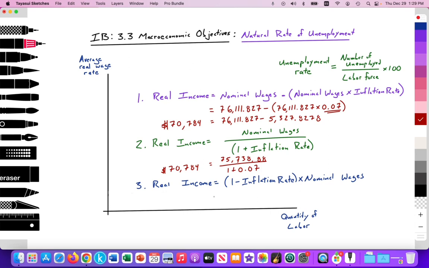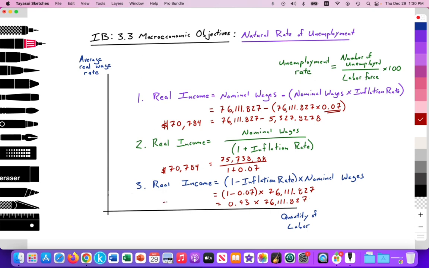Again, with the third formula, we can try real income is equal to 1 minus the inflation rate of 0.07 multiplied by a nominal wage of 76,111.827, let's say. That's equal to 1 minus 0.07, which is 0.93, multiplied by 76,111.827.